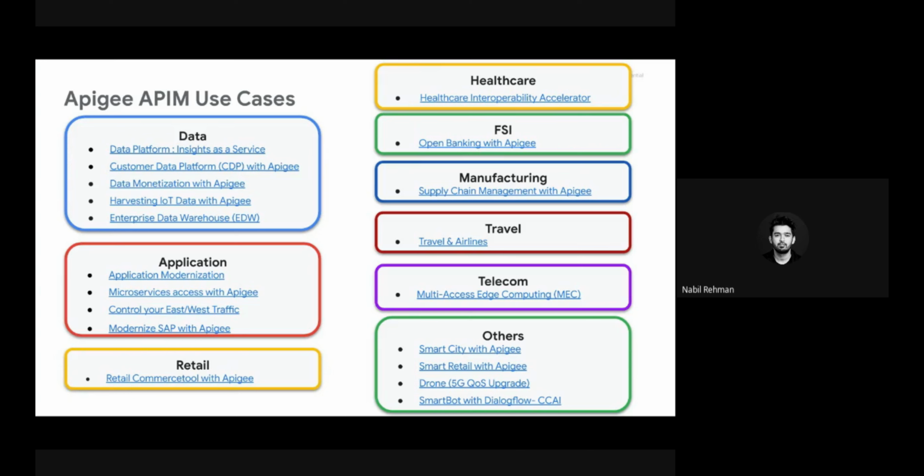For the travel industry, there are different use cases. But then there are also technical use cases. For example, if you have microservices and you want to expose them through API management, then you also have those kinds of use cases, which we have listed all on these slides. And we'll go into some of the use cases in this section.